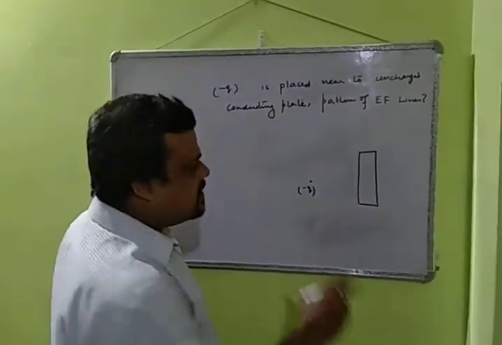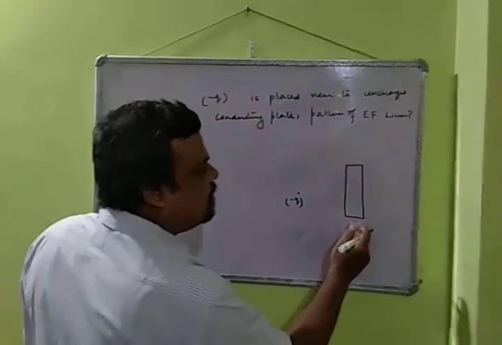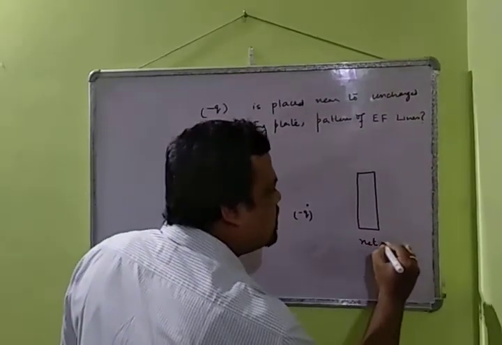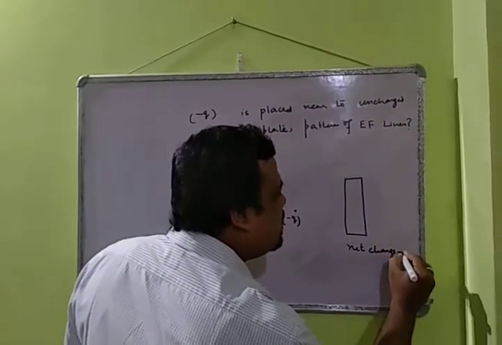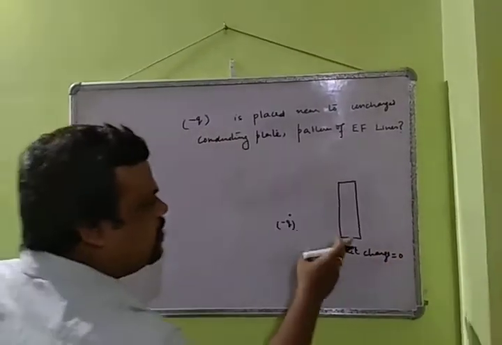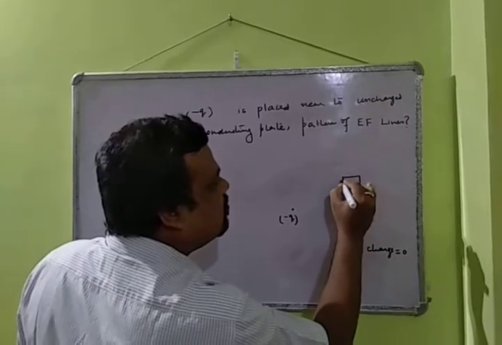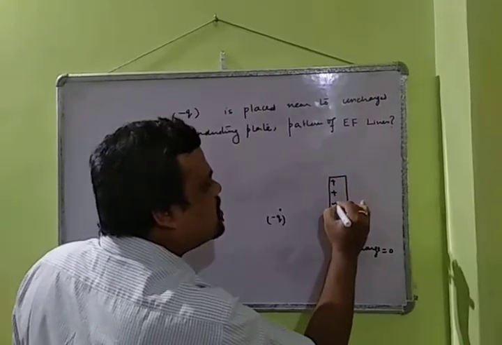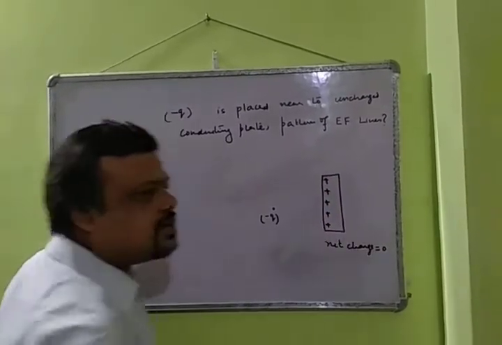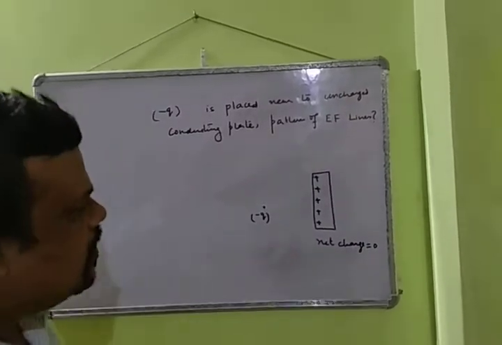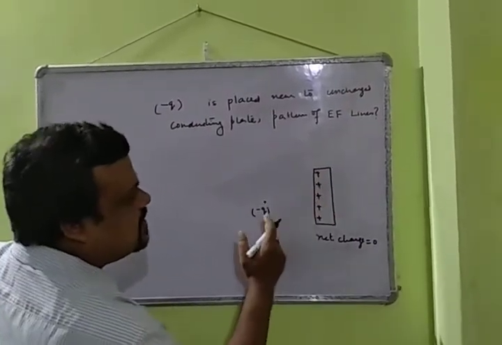First, go to the basics. When it is uncharged, it means net charge 0. If we place a negative charge, there will be automatic induction of positive charge nearby. This is induction of charge. So this is positive and this is negative.